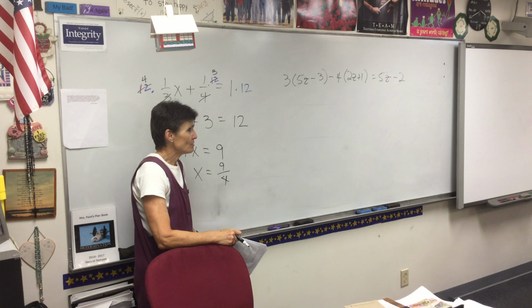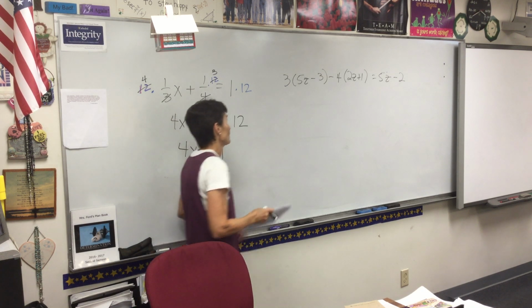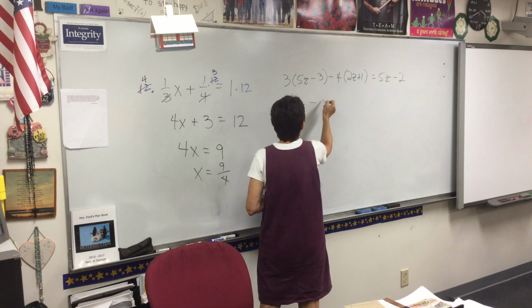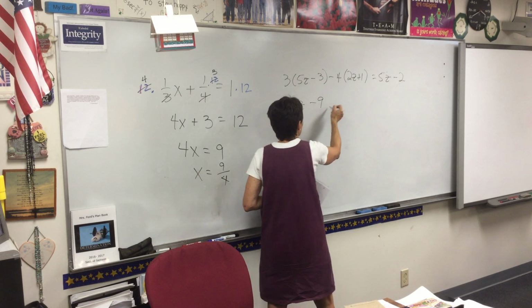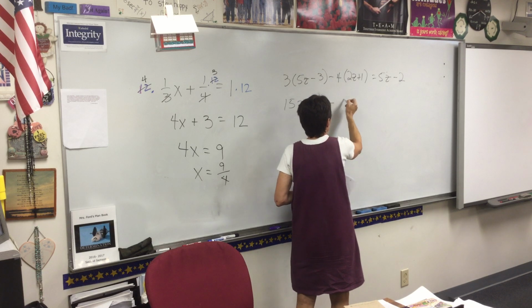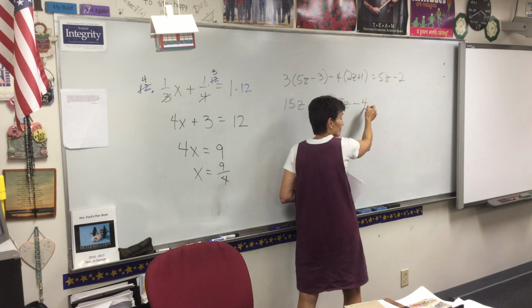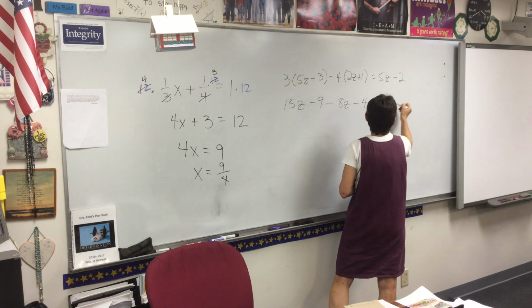What property are we going to use to do that? That's right, we're going to use that distributive property. So here we go. 15z minus 9 minus 8z, watch it, minus 4 equals 5z minus 2.